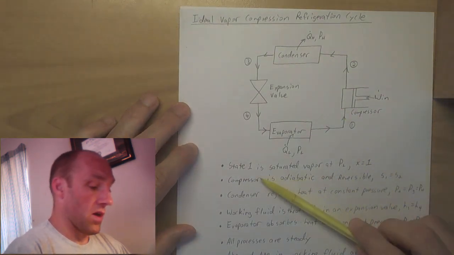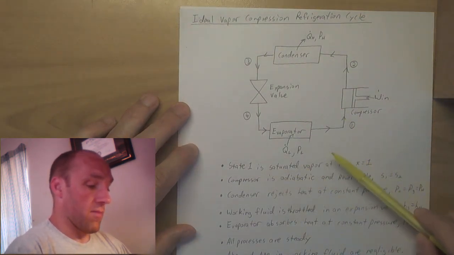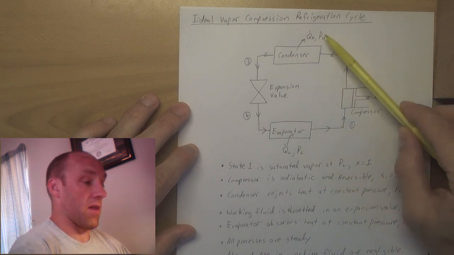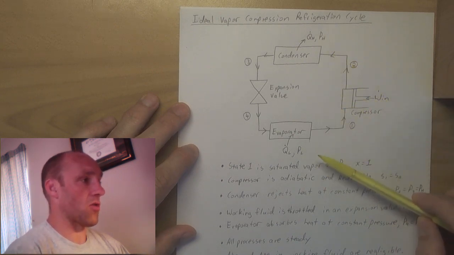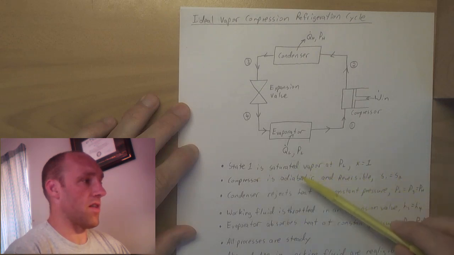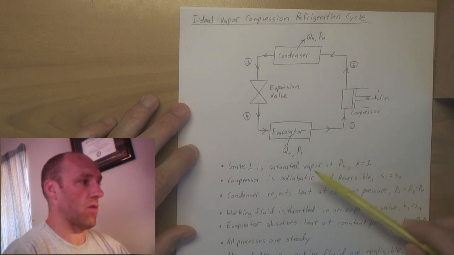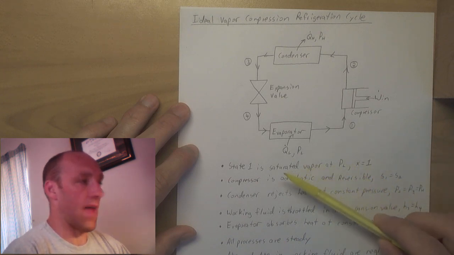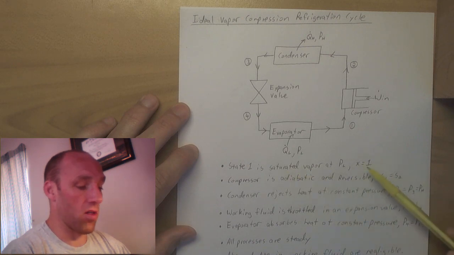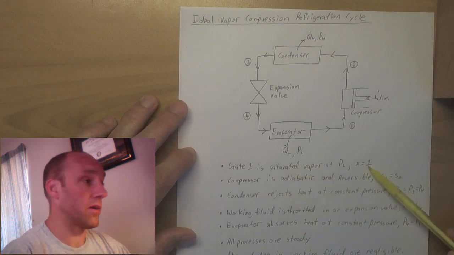Anyway, so again, the cycle operates between two pressures, and state 1 is, in this case, a saturated vapor at the low pressure. Saturated vapor is just a code for the fact that the quality is going to be 1.